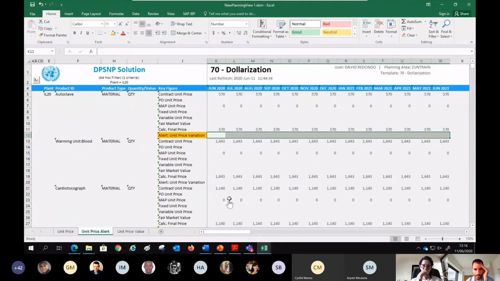So basically, this second tab is all about this key figure, which I think could even be added to the other tab. Any question about this alert unit price variation? Is the point understood?